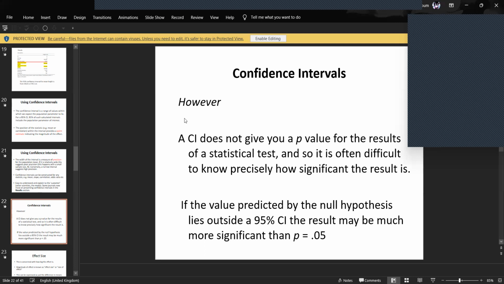So if we have a 95% confidence interval, then you have either two options. Either your sample is inside the 95% confidence interval, and so the p-value is higher than 5% and it's not statistically significant, or your sample is outside the 95% confidence interval, and so it has a p-value of less than 5%, and therefore it is statistically significant, but it can't tell you the actual p-value, okay?